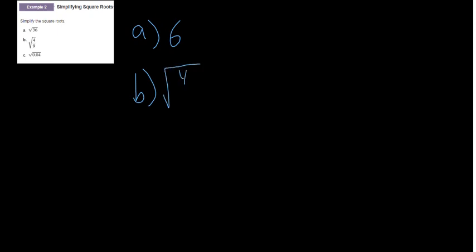Recall that the square root of 4/9 is the same thing as saying the square root of 4 over the square root of 9. Okay, and then that makes it a lot easier to look at, doesn't it? So what is the square root of 4? Well, that's 2, and the square root of 9, that's 3. So the square root of 4/9 is just 2/3.